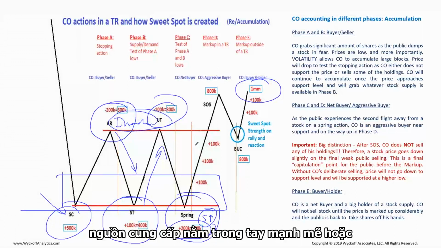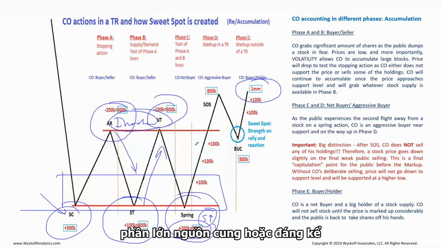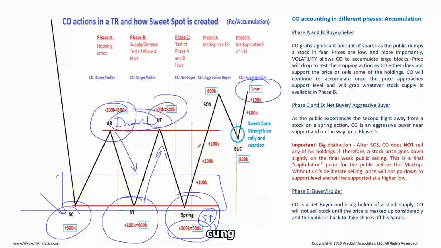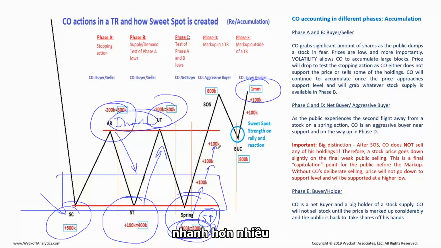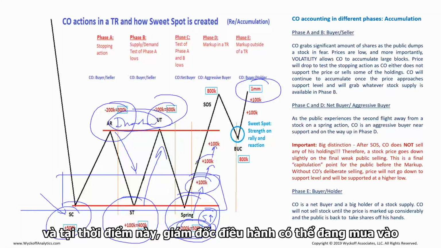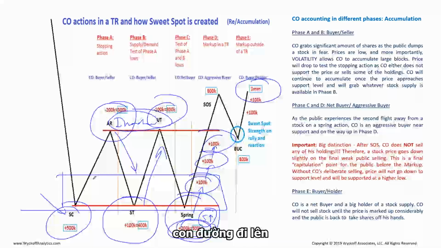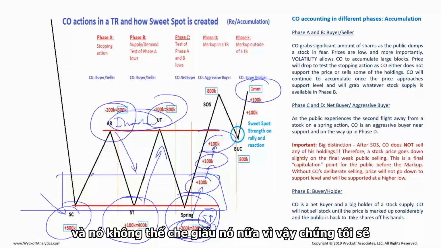Supply is in strong hands, or the majority of the supply, or significant supply is in strong hands. And now if the CEO is buying more, then the price is going to start moving up much more rapidly, much faster. And at this point, CEO might be buying on the way up, and it can't hide it anymore.